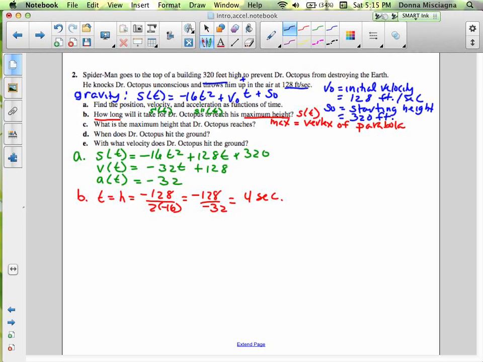C, what is the maximum? We were still dealing with height, so still dealing with position. So we're just finding s of what we got for the when, so s of 4. For C, we have s of 4 equals negative 16 times 4 squared plus 128 times 4 plus 320.